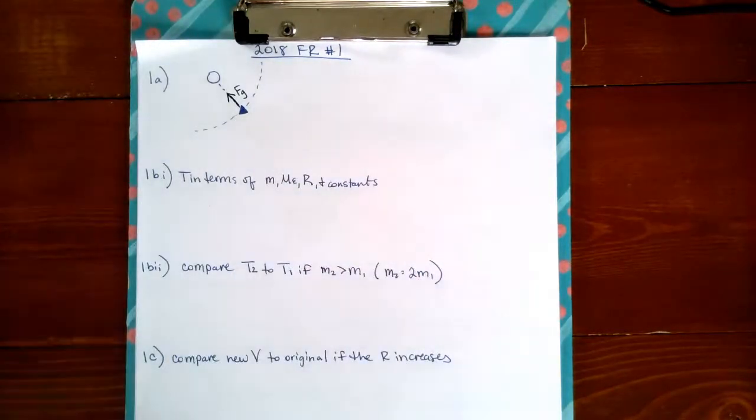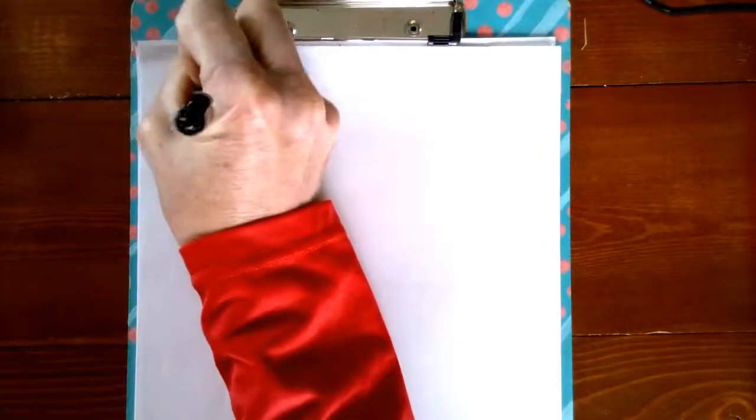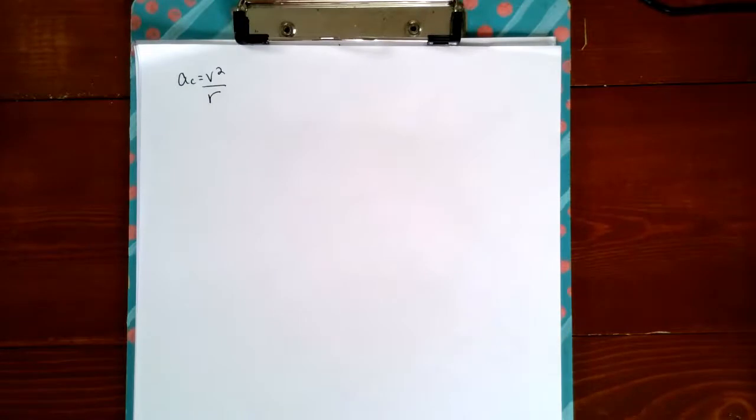So I'm just going to start on a blank piece of paper for this. We know that we're going to be using some centripetal information here. The only thing for that on your equation sheet is that centripetal acceleration is tangential velocity squared divided by the radius. And that's it. So we also know that we have two objects, one orbiting another here.